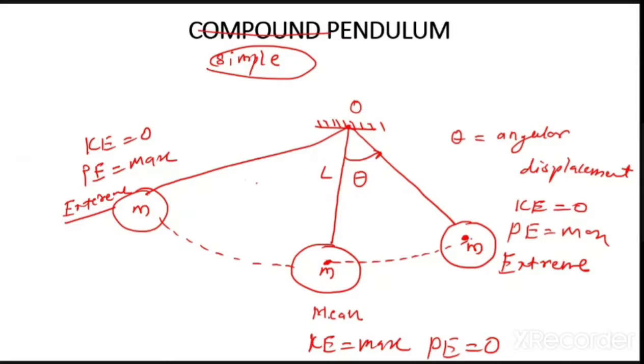At the mean position kinetic energy is maximum, at the extreme position potential energy is maximum. So this mass m will oscillate from position 1 to 2 and 2 to 3. This is called a vibration, or an oscillation, in the case of a simple pendulum.